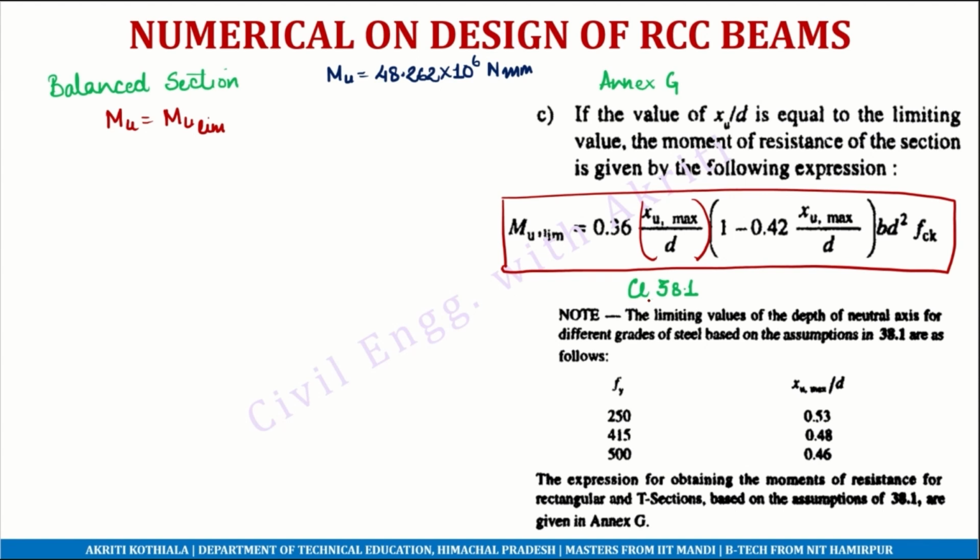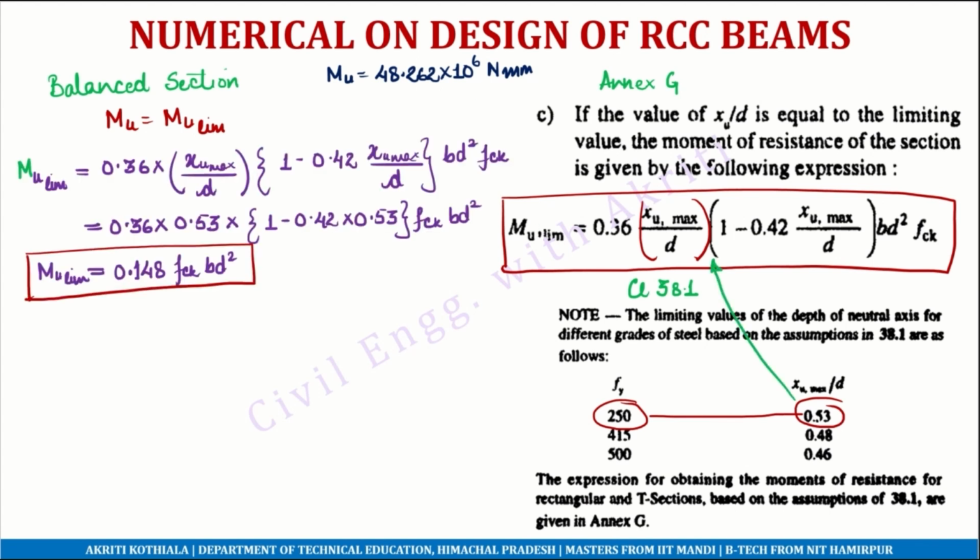Now, referring to clause 38.1, we know that for this question we are using an Fy of 250. So the value of XU max by D will be equal to 0.53. So this value has to be substituted in this equation and a simpler equation will be formed. So substituting, we get MU limiting as 0.148 FCK BD square. We simply substituted this value here and calculated.